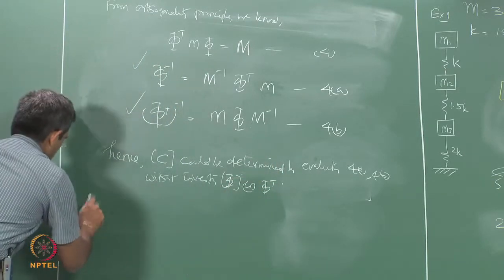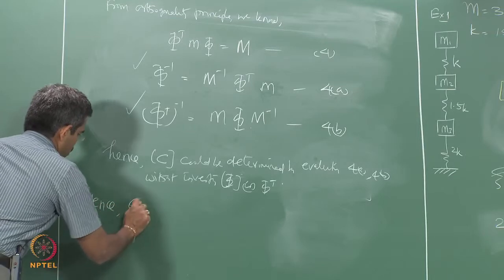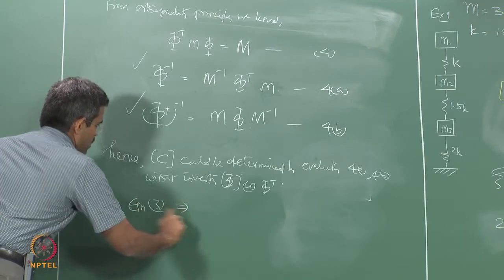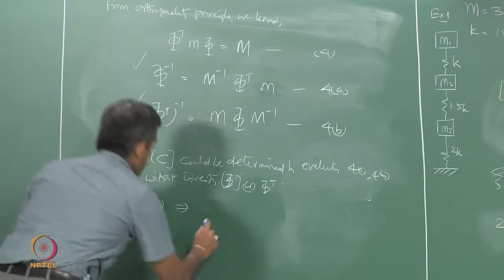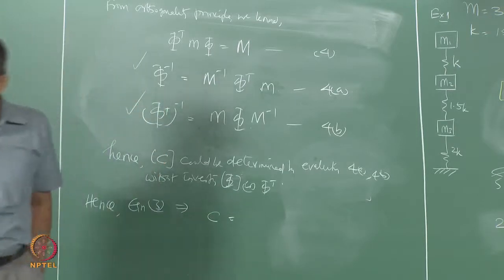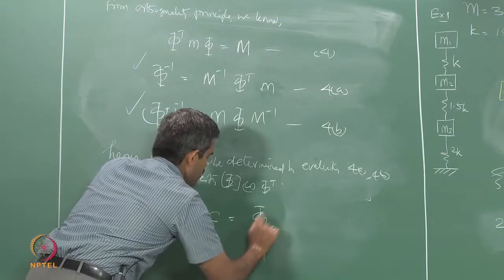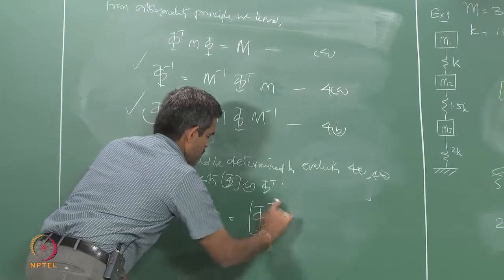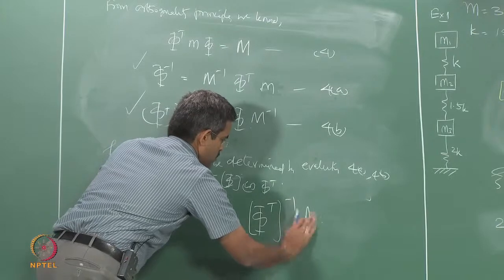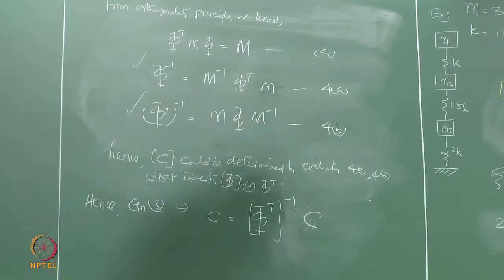Hence, equation 3, which was actually C equals phi transpose inverse C phi inverse, now becomes as follows.